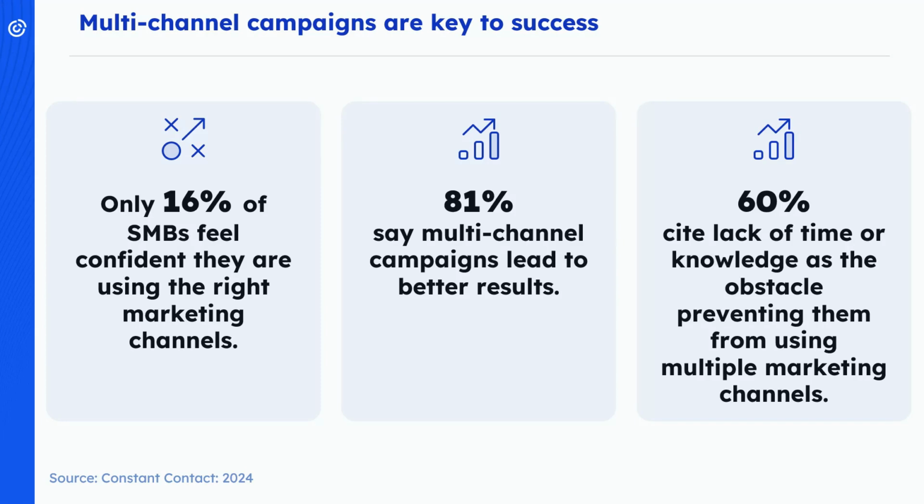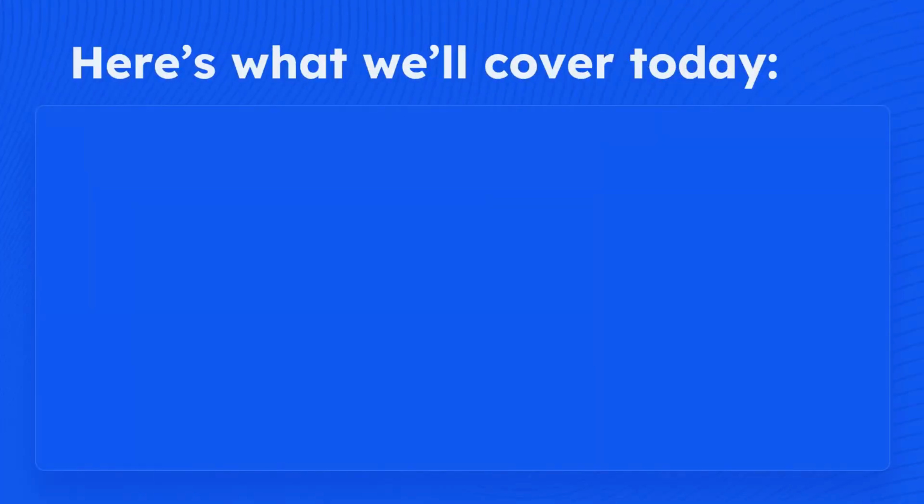And then I'll show you a live demo of our campaign builder in Constant Contact, which is our AI tool that helps you automatically create fully customized multi-channel campaigns by producing high quality content and just helps you get your campaigns out the door quicker. More specifically, here's our agenda for the session.